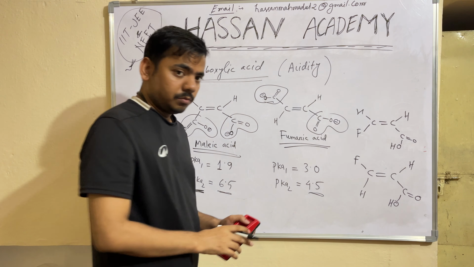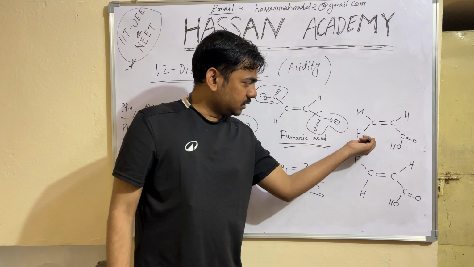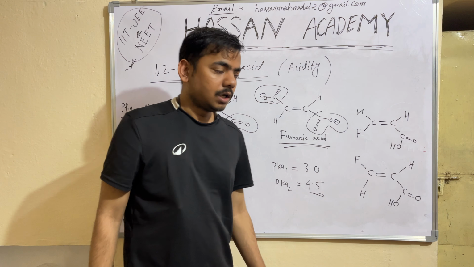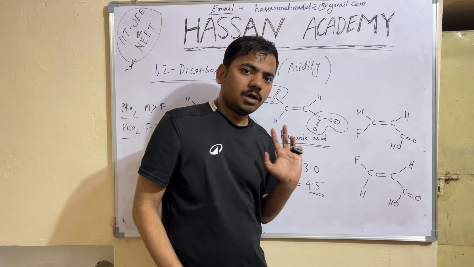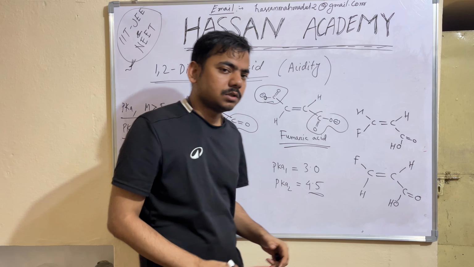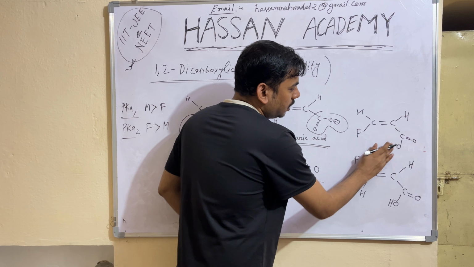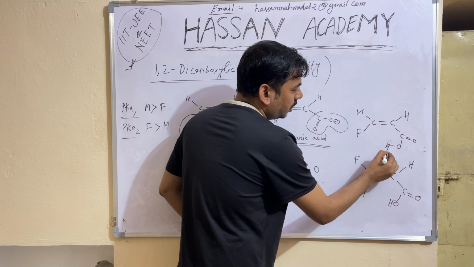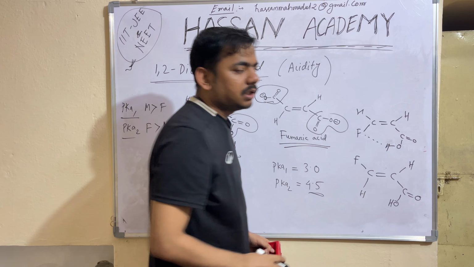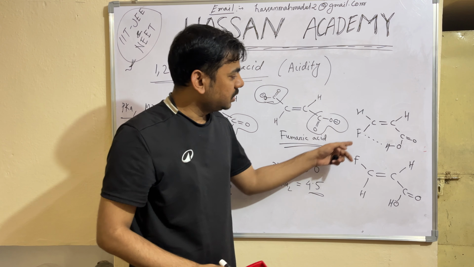Now you say which one will be more acidic, whether cis or trans. Here there is only pKa1, only one acidic hydrogen. Here you can see that this hydrogen can already make a hydrogen bond with this fluorine. So it will be more difficult to remove the proton compared to the other one.